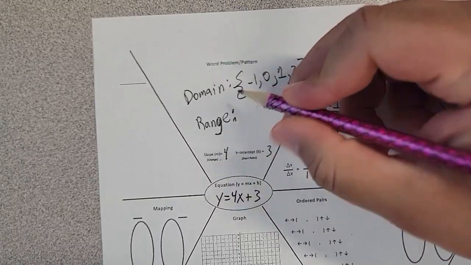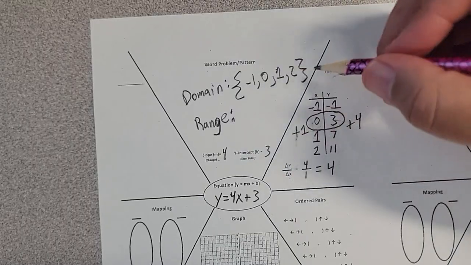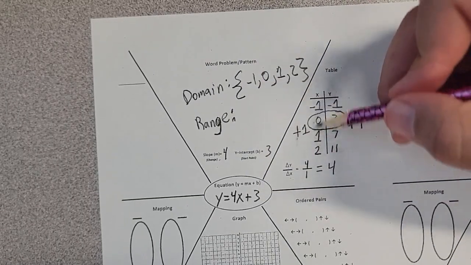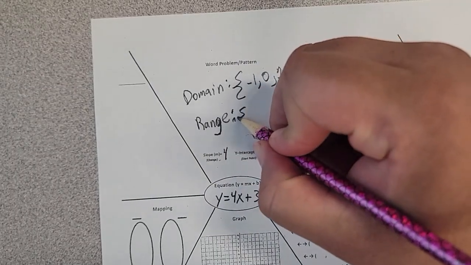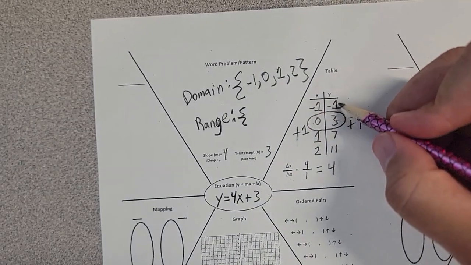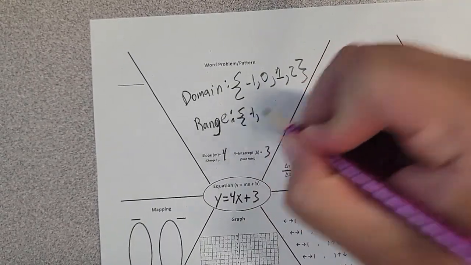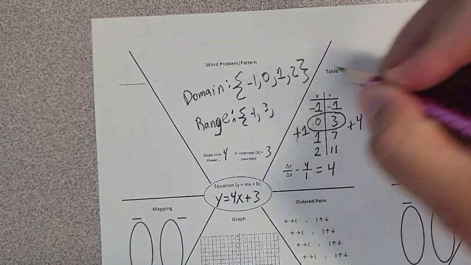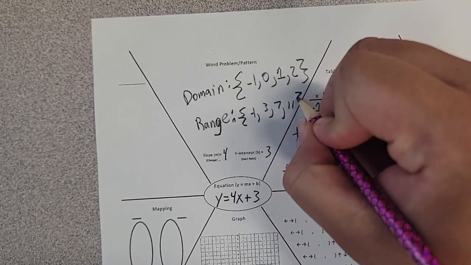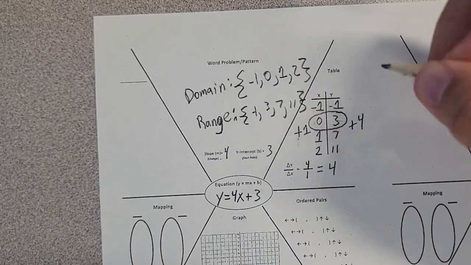And then make your braces. You have to make the braces and put all the x numbers. Same thing for the range. Put your braces. -1, comma, 3, comma, 7, comma, 11, and then make your braces. Okay?